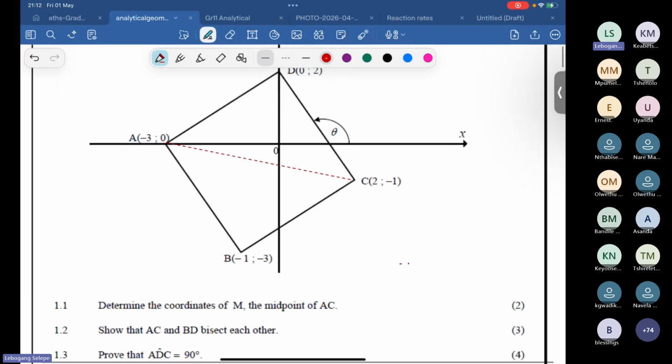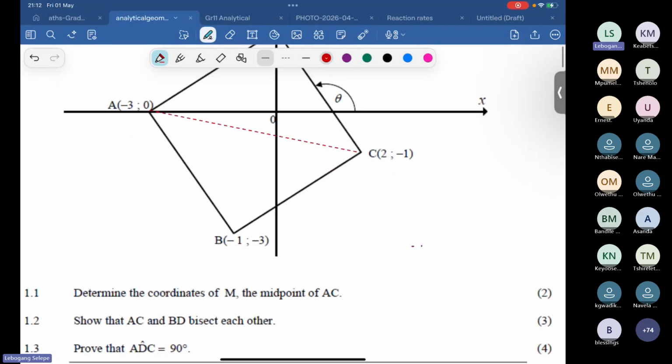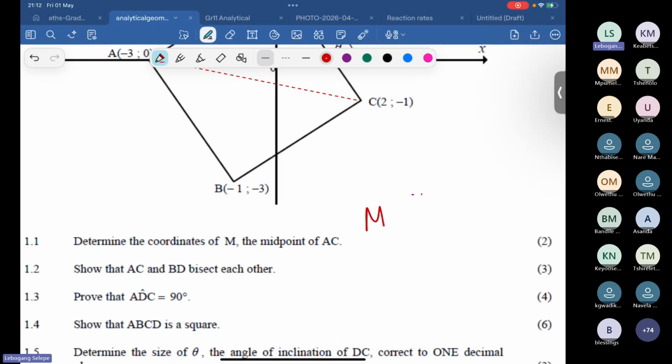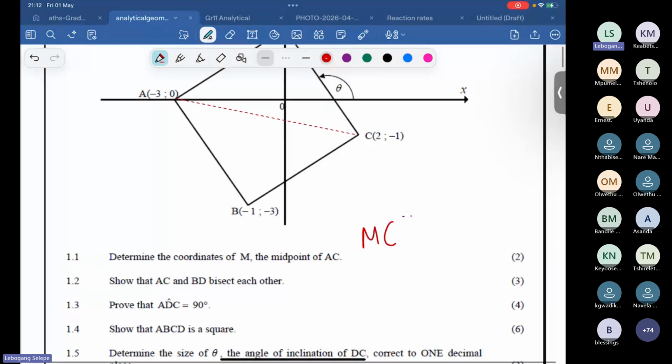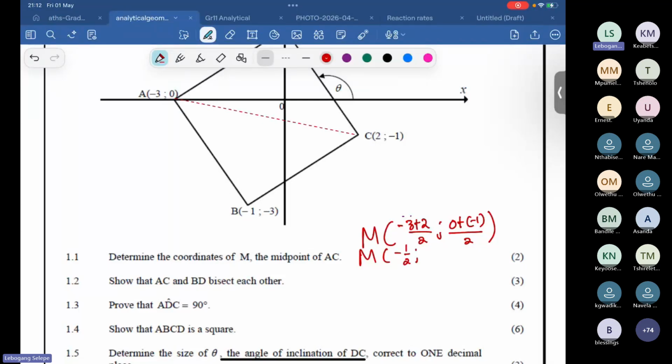As I had told you, we calculate the midpoint again by taking the 2 x values. Which 2 x coordinates am I taking? -3 plus -3 and 2, divided by 2, right? And then the y values, it's going to be 0 plus -1, and -1. And then the midpoint will be -1/2, -1/2, if I'm not mistaken.